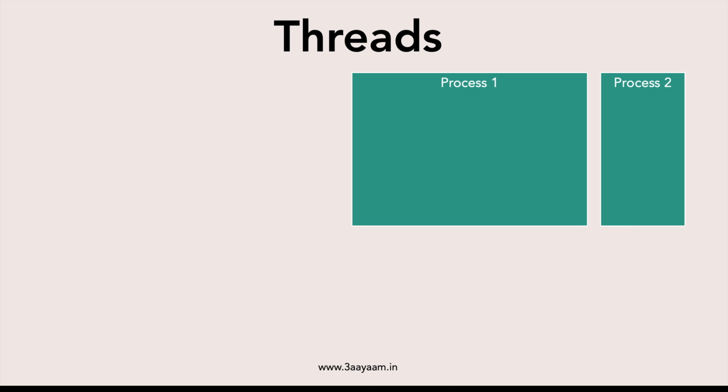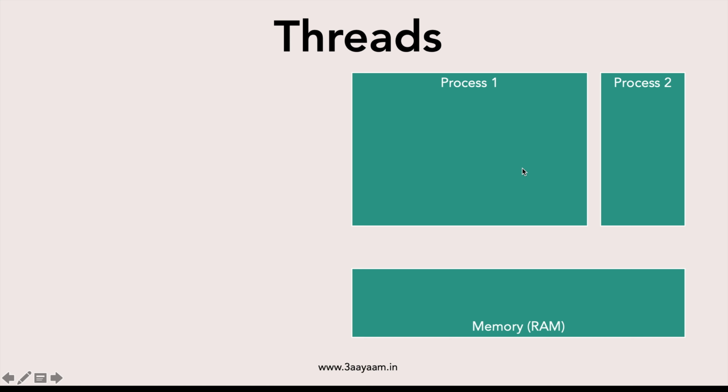So let's say I am running only two processes in my operating system for simplicity's sake and for this example. Let's say these are the two processes that are being run in my operating system. And of course, these two processes are getting executed by the processors or CPUs. And then there's memory also, which is basically the RAM.